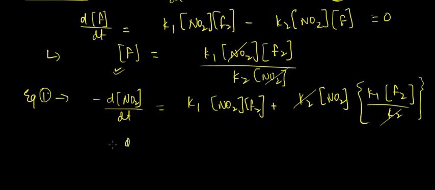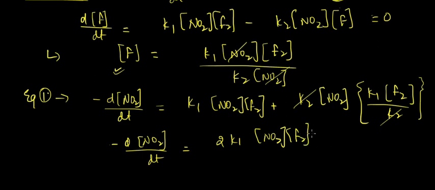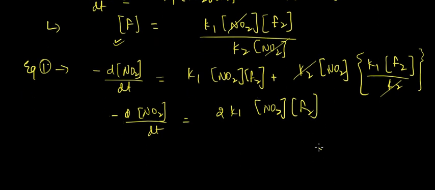So we can write it is twice K1 NO2 F2. And if we look at the original reaction, it was twice NO2 plus F2 giving 2 moles of NO2F.